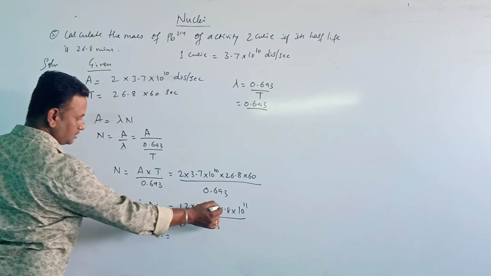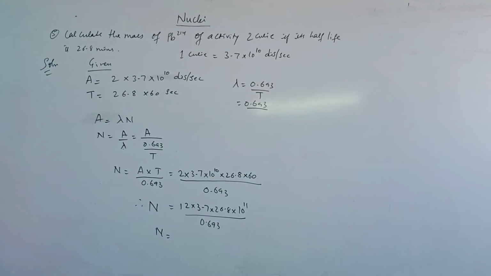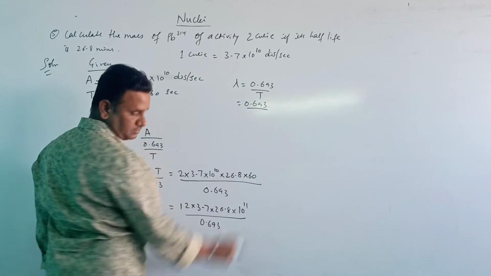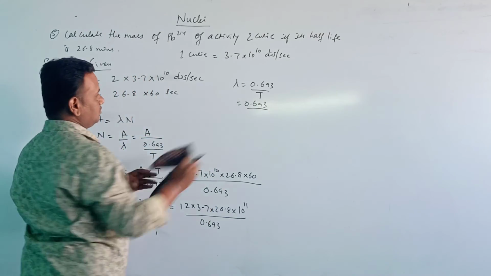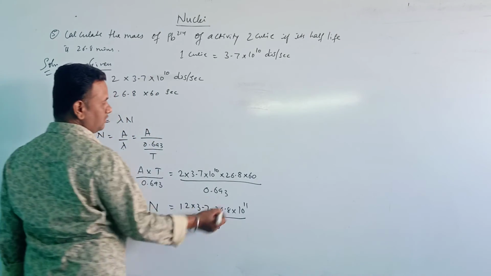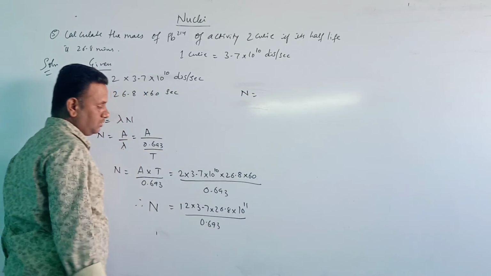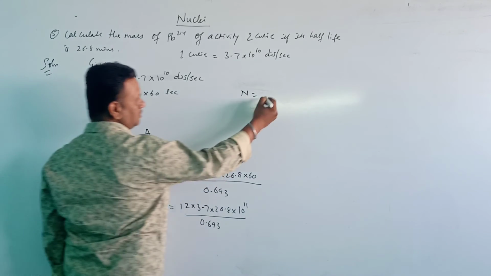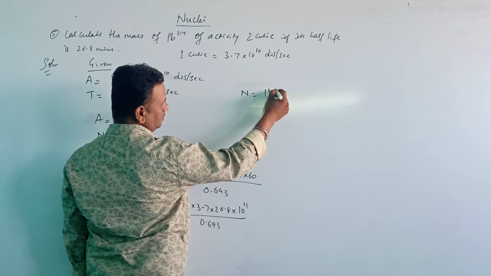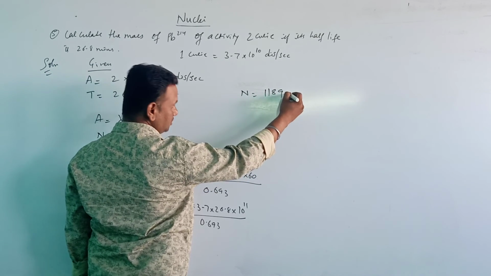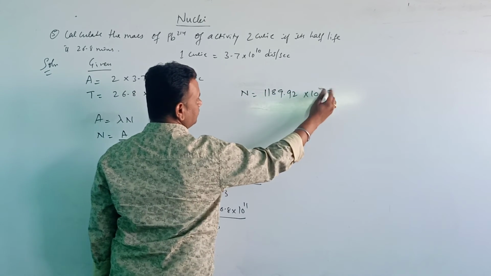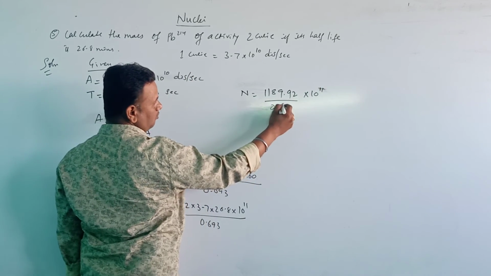Now we can calculate 12 into 3.7 into 26.8. How much are you getting? 1189.92 into 10 to the power of 11 whole divided by 0.693.